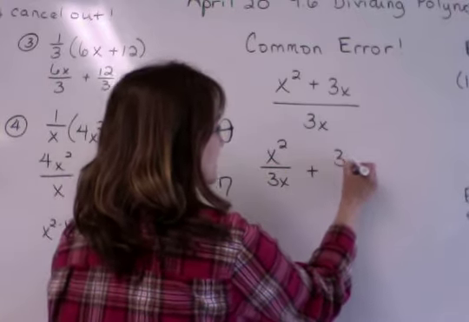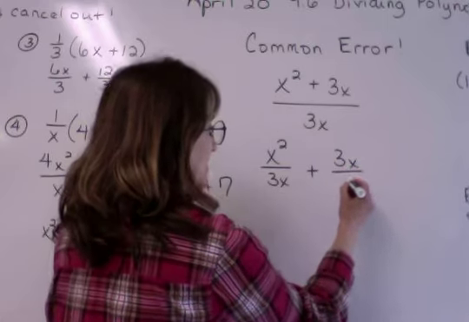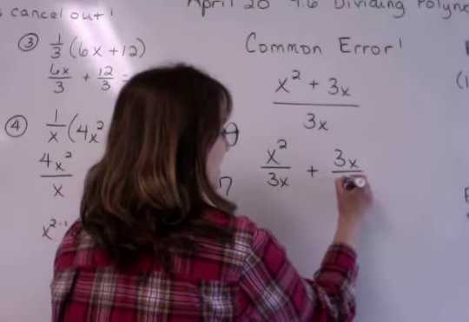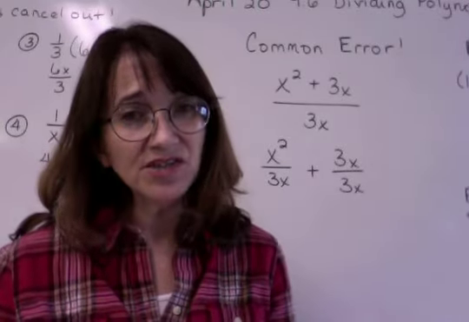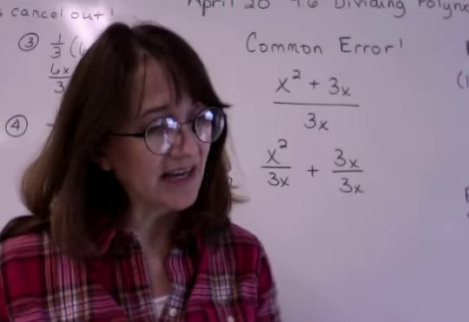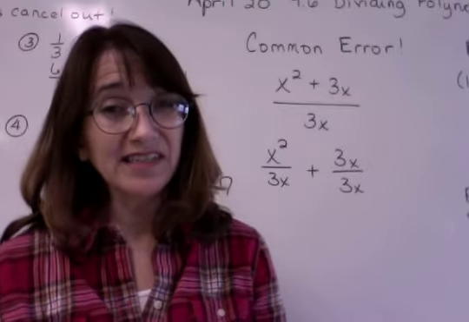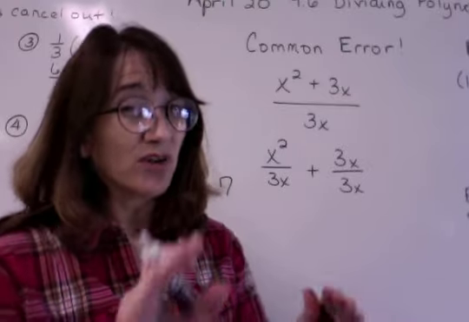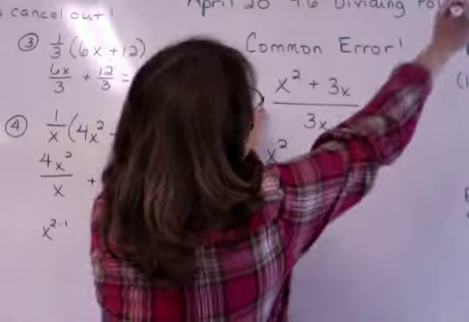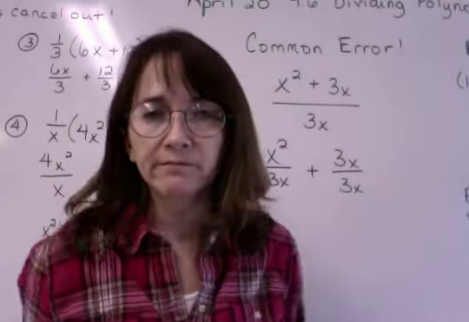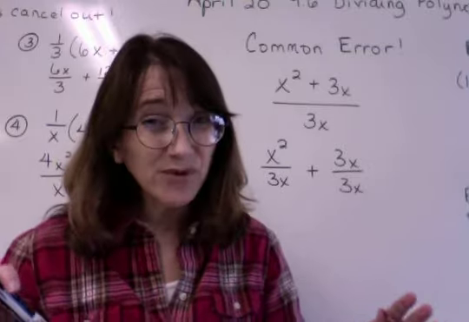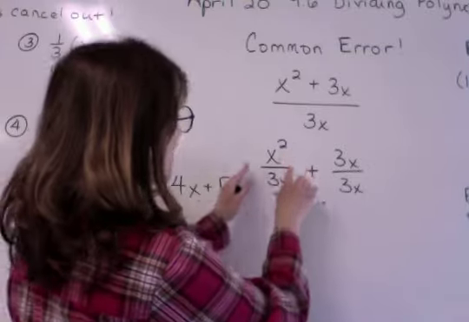This 3x, I'm going to divide by 3x. Because this gives you a much, much different answer than what you would have ended up with. What you wanted to do was just cancel that out, x squared plus 1, done. That would be wrong.